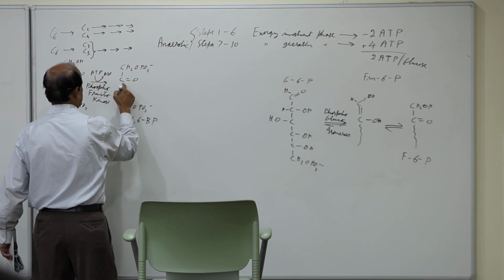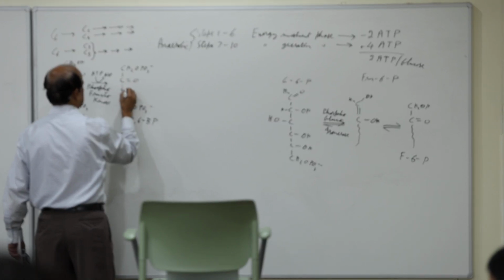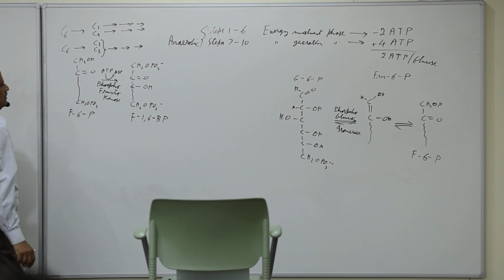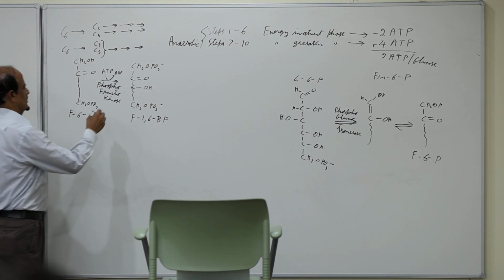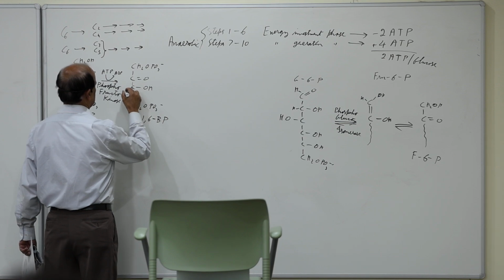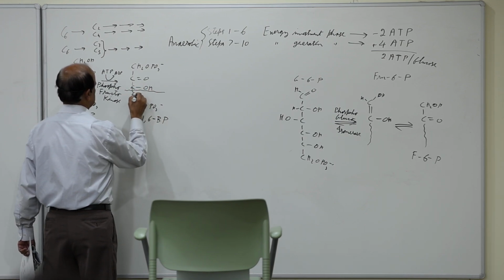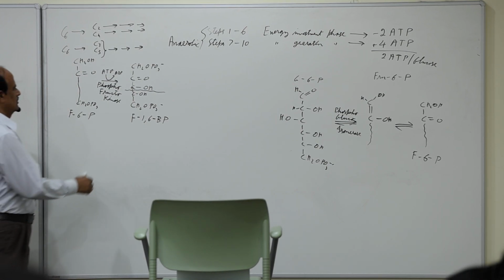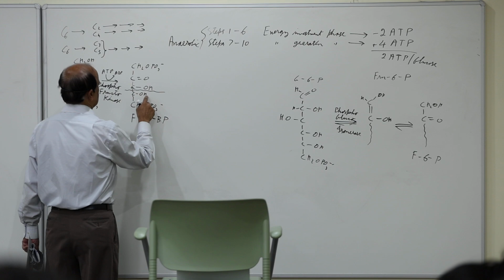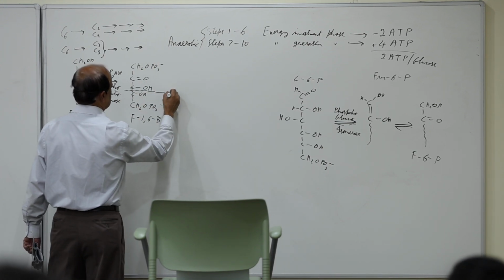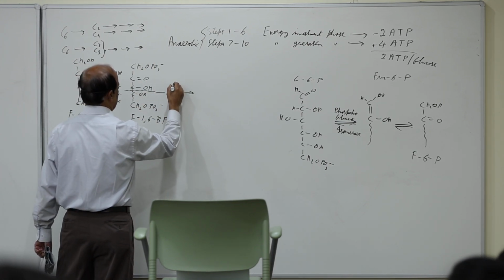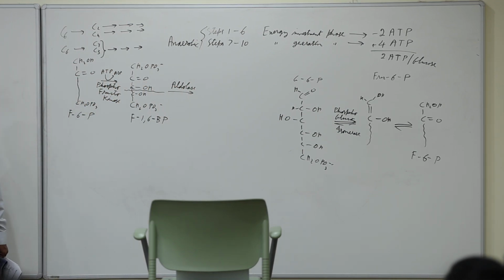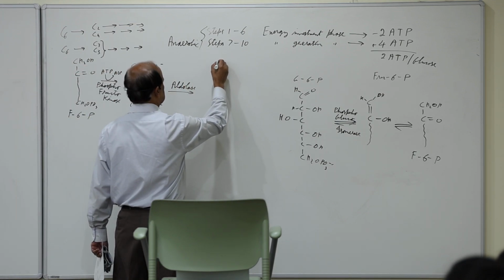So in the next step, you are basically breaking it here. So the requirement, this enzyme called aldolase will break it into 2 pieces, and the 2 pieces will be these.